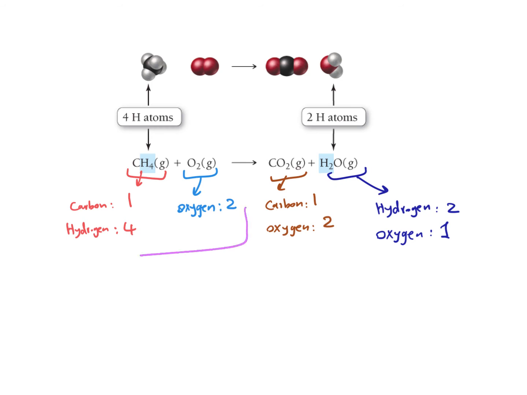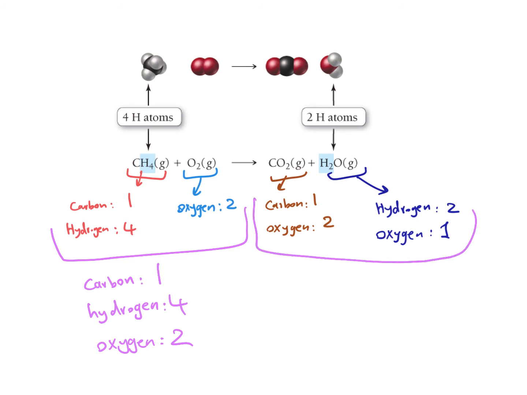Okay, here, for carbon, hydrogen, oxygen. In total, how many carbons do I have? How many hydrogens? How many oxygens? If I do it for the products, for carbon, hydrogen, and oxygen, how many carbons do I have?